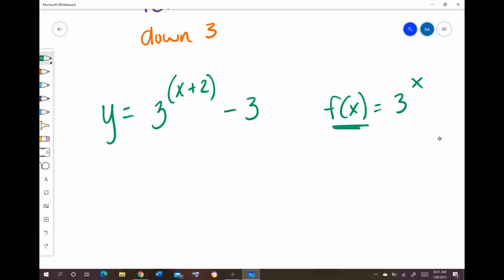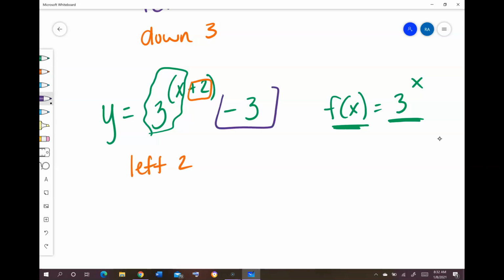Whatever is not the function, and if it defines the function, this defines the function of 3 to the x. So 3 to the x is the function, okay? Now, do you see how there's a plus 2 and it's inside that function? See how it came inside that function? So that plus 2 means we went left 2 units. The minus 3 is on the outside, so that means we went down 3 units. Okay?